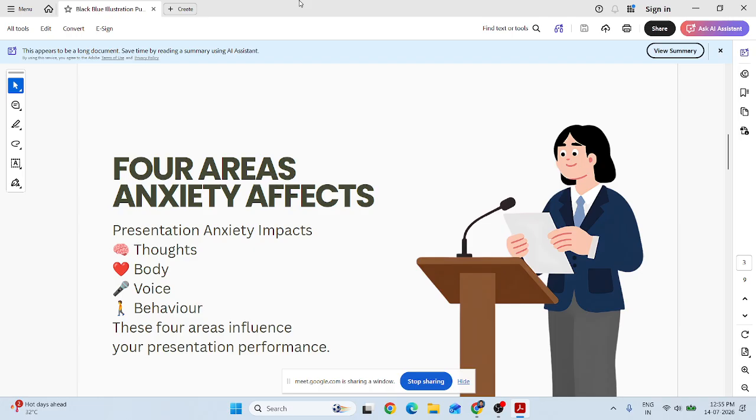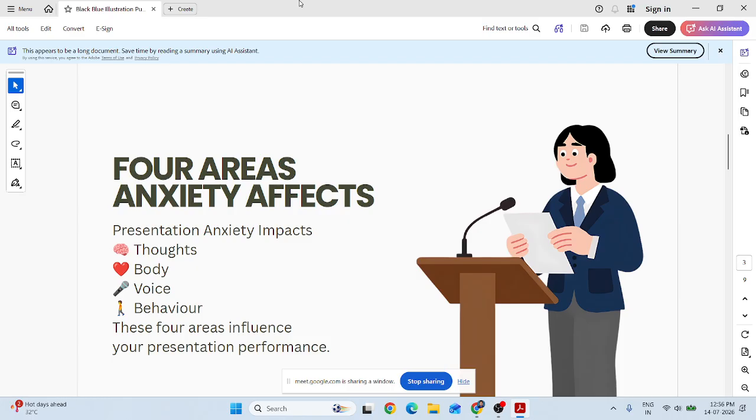You might write an entire presentation script because you believe it will keep you safe, and sometimes bring a piece of paper also. Sometimes we memorize every sentence and we avoid eye contact. We directly read from the slides or from the piece of paper and speak as quickly as possible, and we run away.